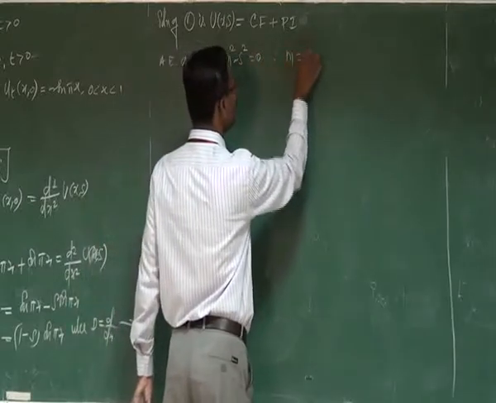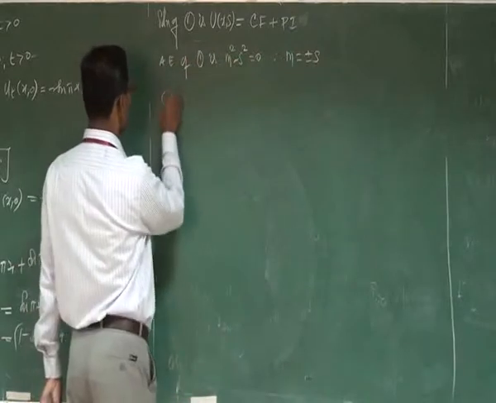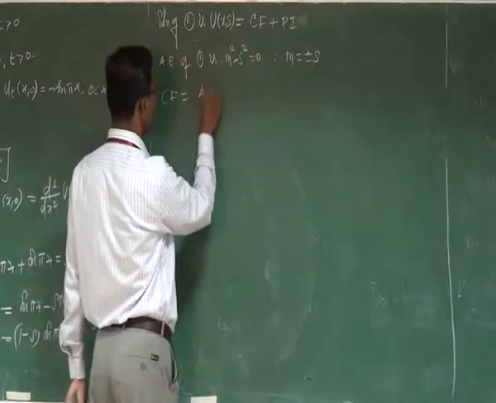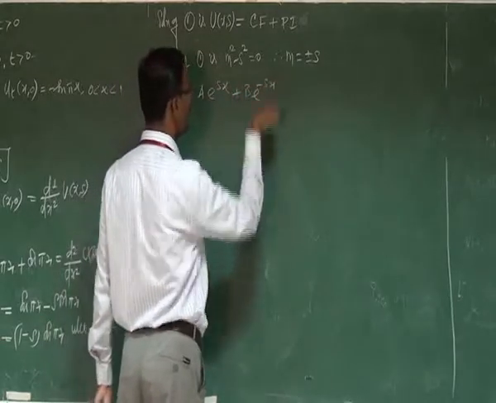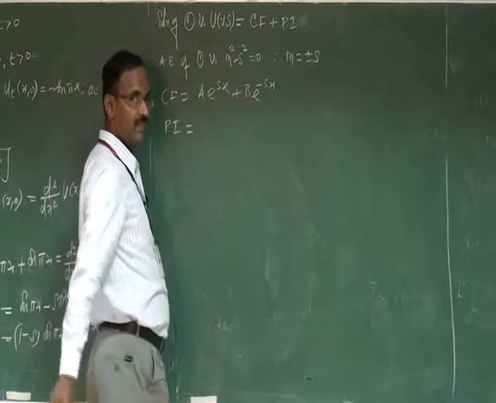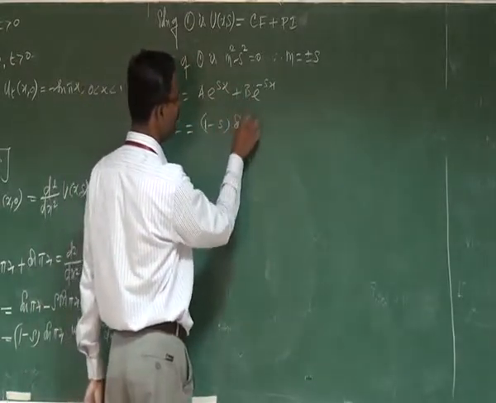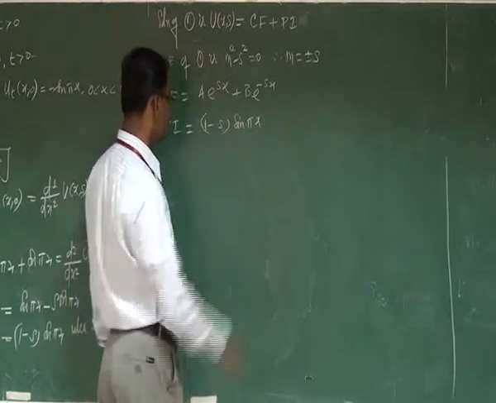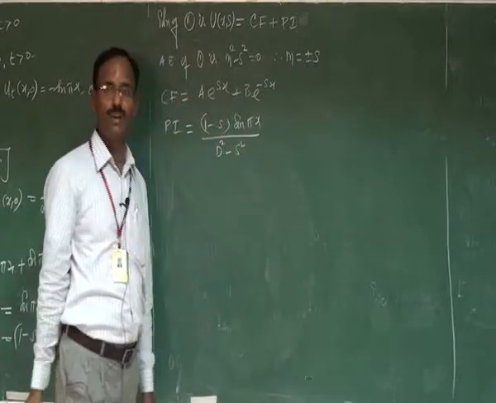Therefore m equals plus or minus s. So the complementary function equals a into e power sx plus b into e power minus sx. The particular integral is equal to, the right hand side, 1 minus s into sin pi x divided by d square minus s square.